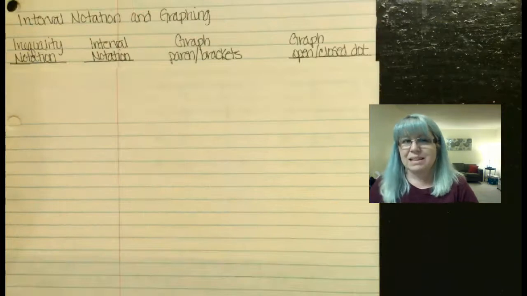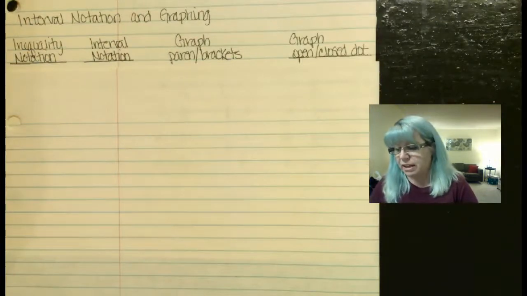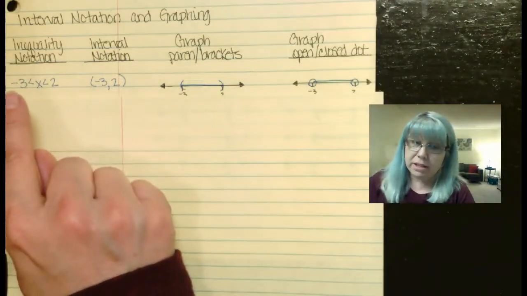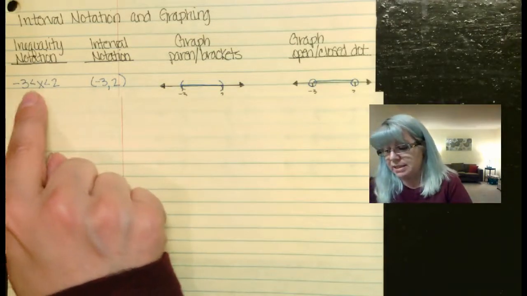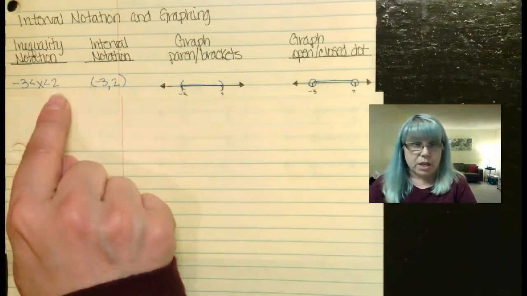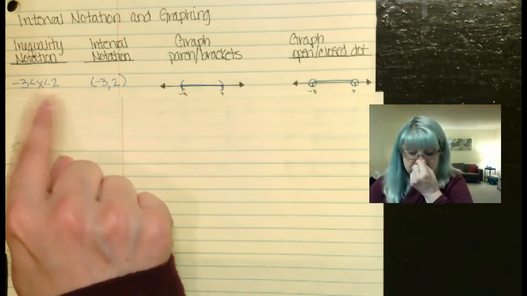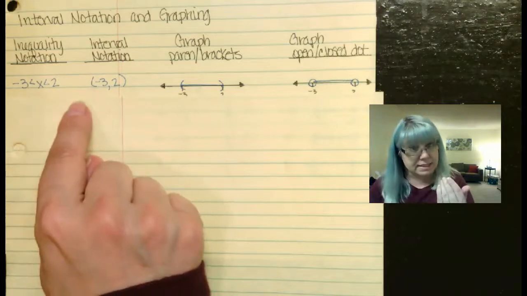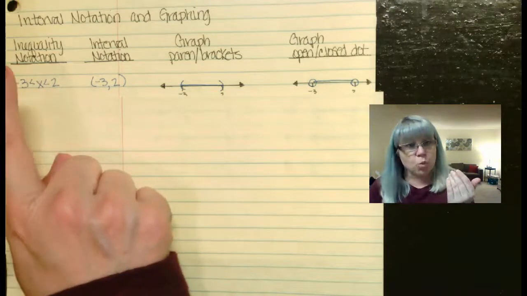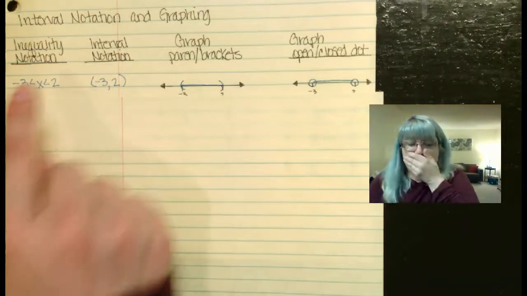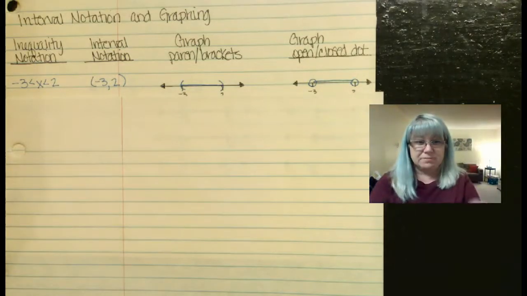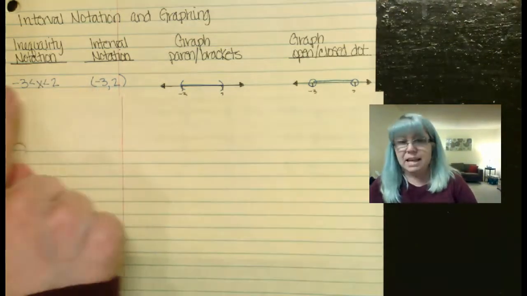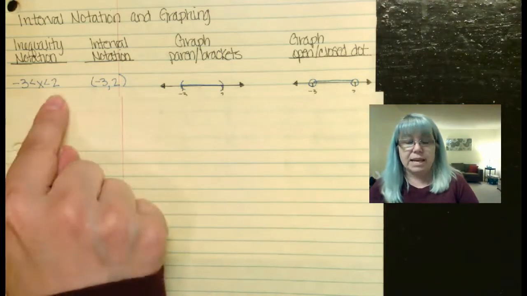Let's explore the interval notation and graphing again. So let's say for compound inequalities, we have -3 is less than x is less than 2. In interval notation, since neither one of these includes any equality, they're going to be parentheses. And since x is right in the middle, you can think of it as the boundaries are -3 and 2.